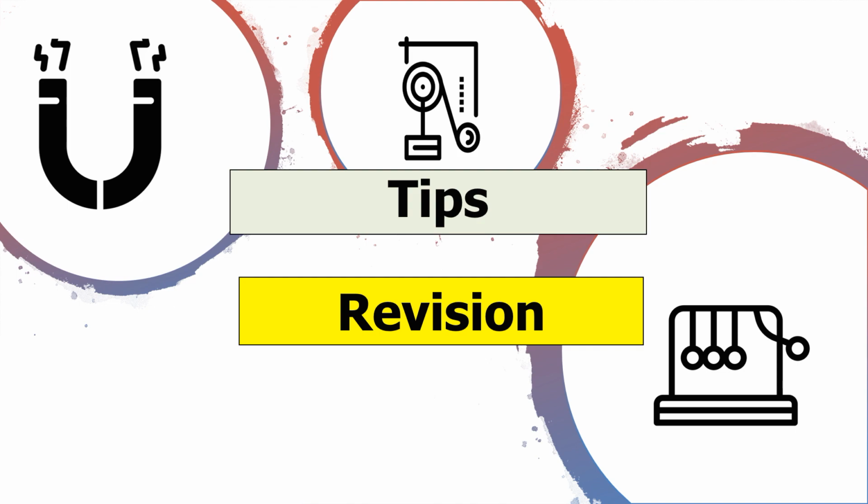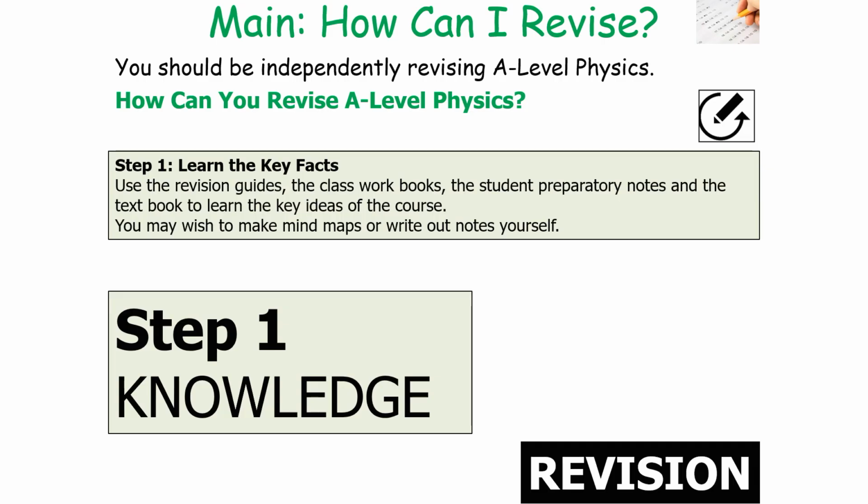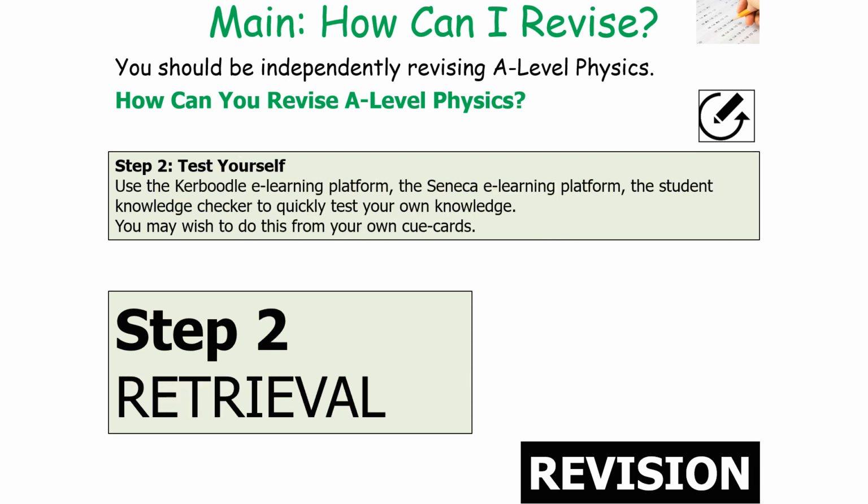So what tips would I have for you to revise A-level physics? The first step is to learn the key facts. Use your revision guides, class books, prep notes and the textbook to learn the key ideas of the course. To do this, you may wish to make mind maps or write out the notes yourself. The second step is to test yourself. Use things such as Kerboodle, Seneca and Knowledge Checker to quickly test your own knowledge, and you may wish to do this from cue cards.